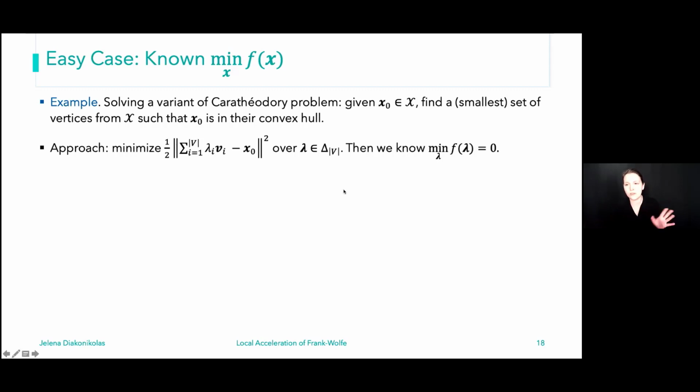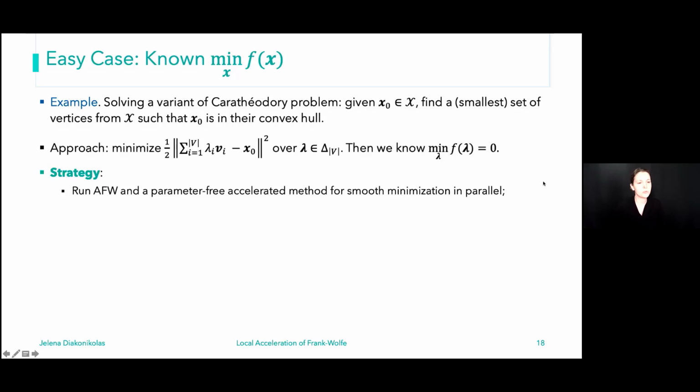A practical approach to solving this is typically using Frank-Wolfe methods, where you take the convex combination of the vertices and you're minimizing this function over the simplex. The reason you would use Frank-Wolfe is because it tends to add few vertices, so you end up with a sparse representation, even if it's not the best one. For this problem, because the point is from the polytope, we know that the minimum is 0.